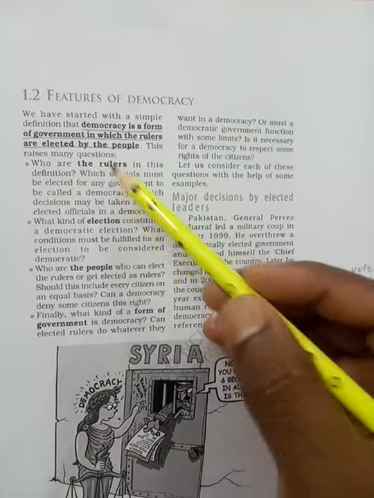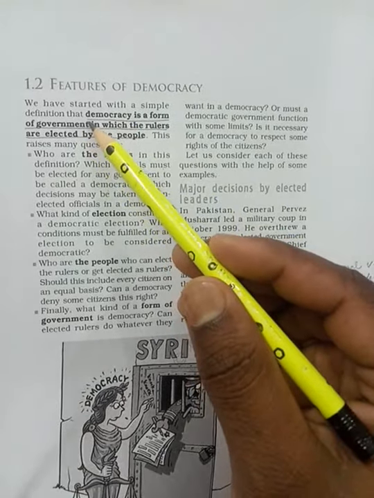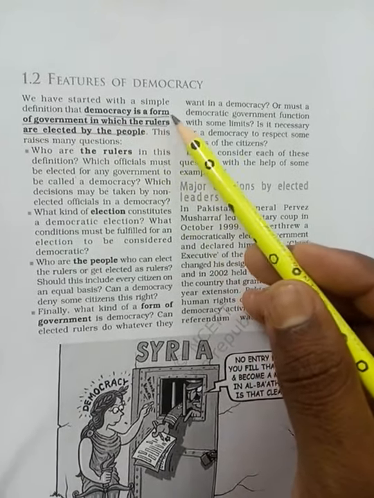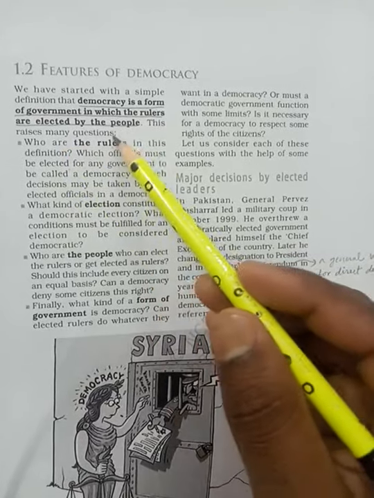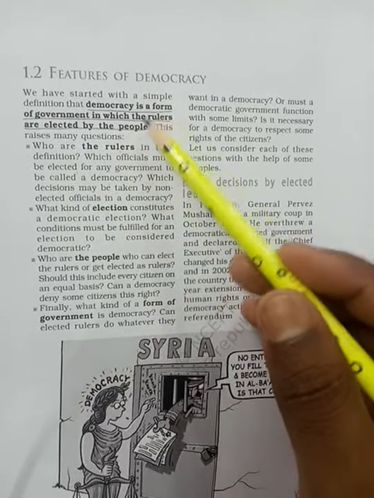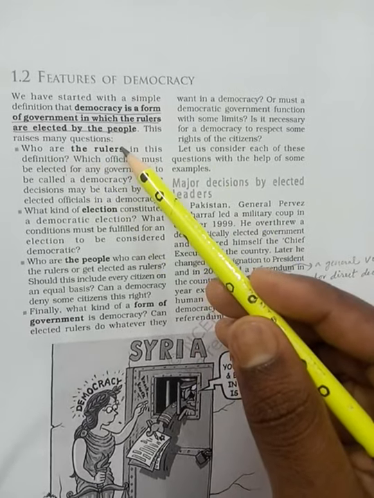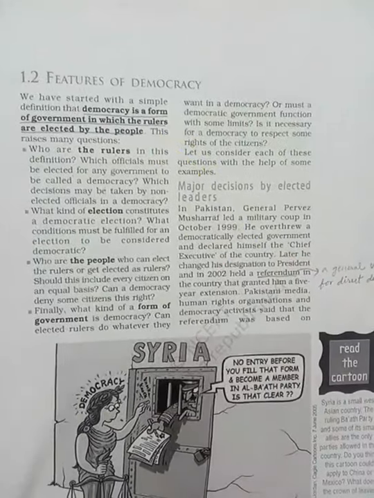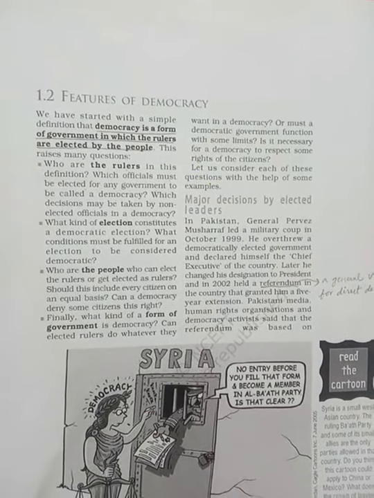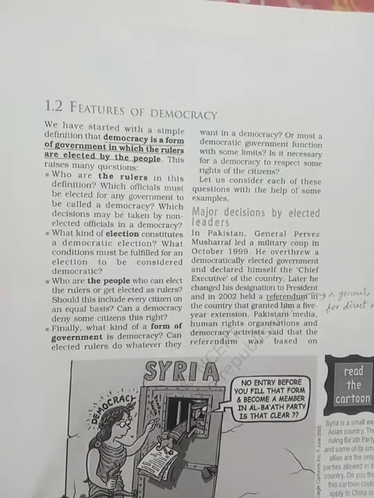We started with the simple definition that democracy is a form of government in which the rulers are elected by the people. This raises many questions, and that is why this definition is not sufficient. So, what are the questions it raises?